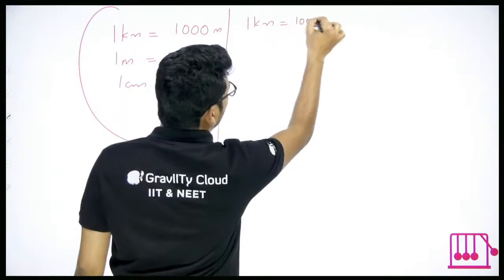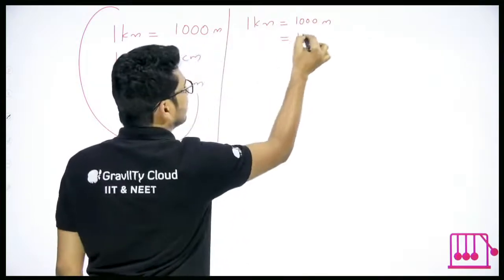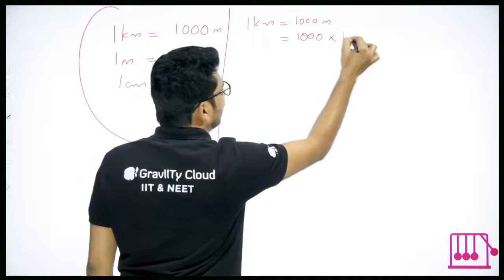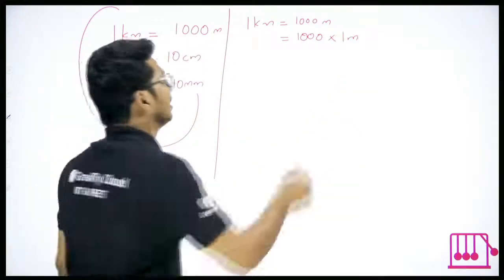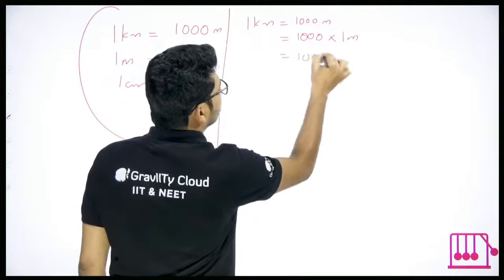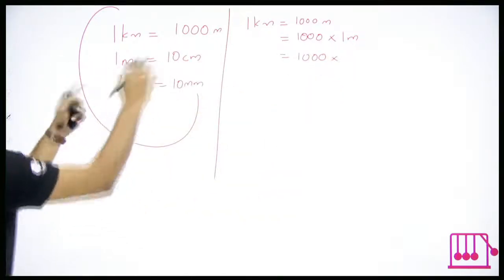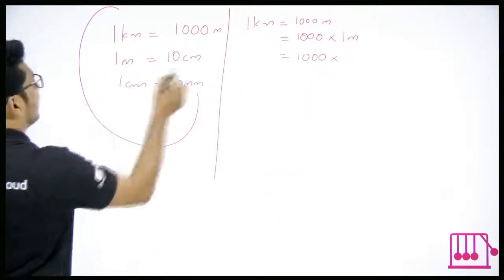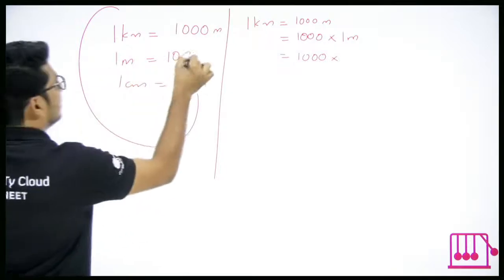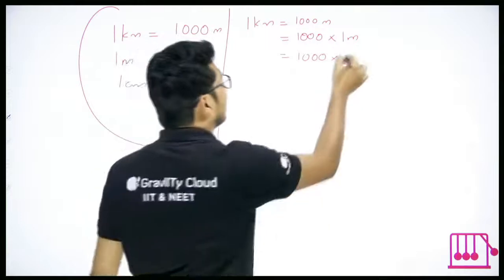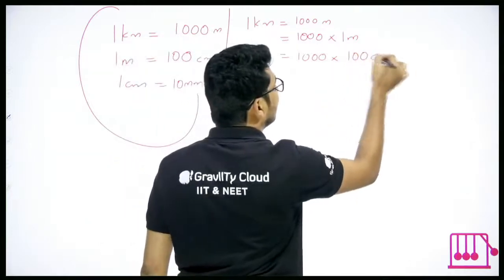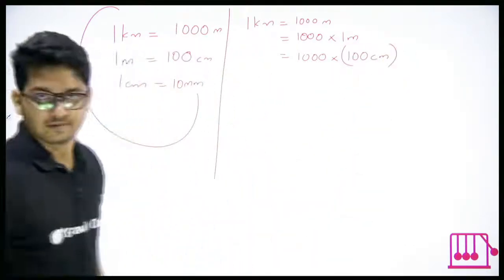1 kilometer is 1000 meters, but as usual, you can write it as 1000 into 1 meter because 1000 into 1 is equal to 1000. And what is 1 meter here? Look at this. 1 meter is 100 centimeters. So in place of 1 meter, I will make use of 100 centimeter.